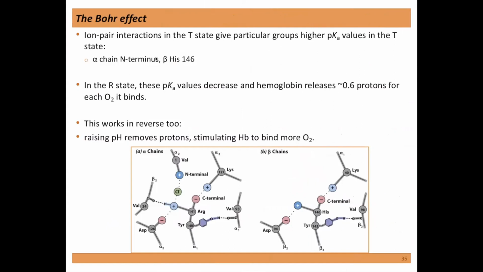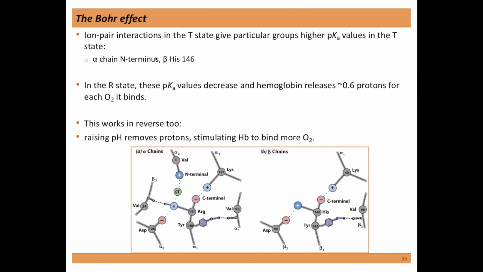So here we can look at the alpha chain, the N-terminus, and in the beta subunit, histidine 146. And so you can see those interactions down here in this diagram there. So in the R state, these pKa values decrease.